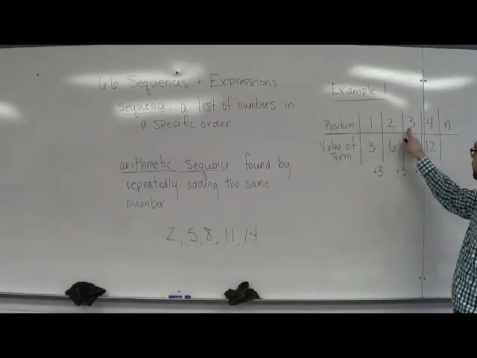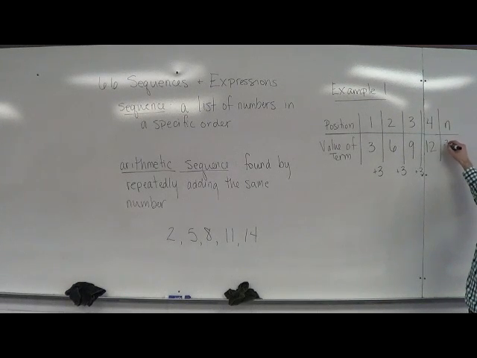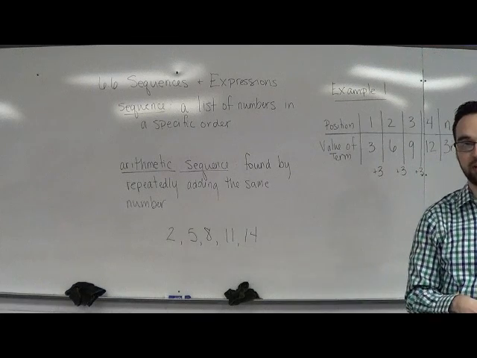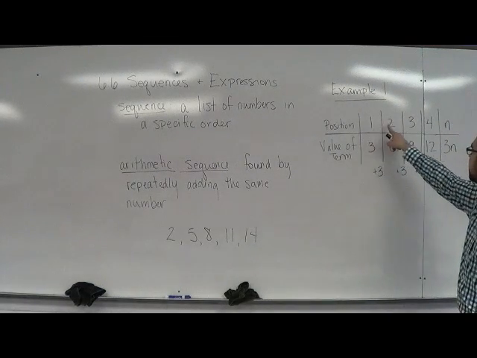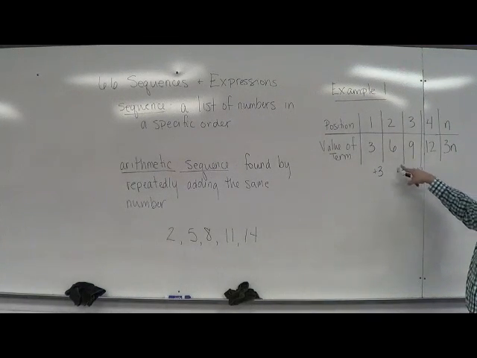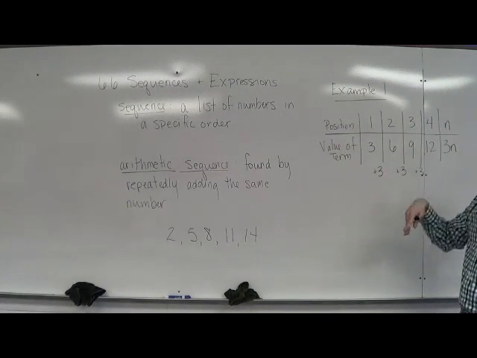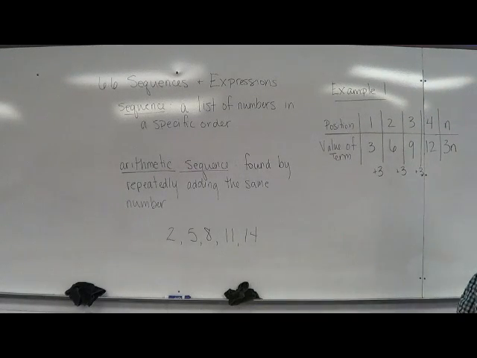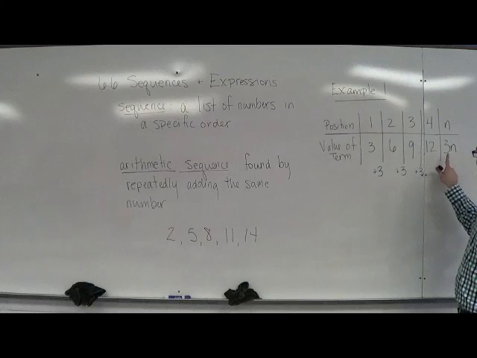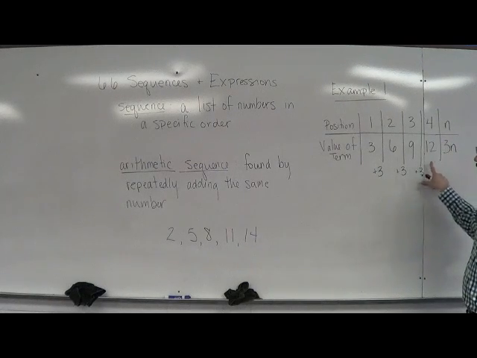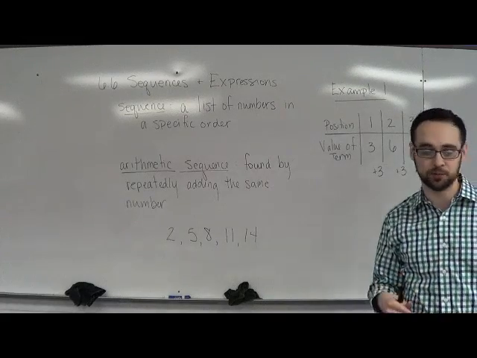I'm taking the position and I'm multiplying it by 3. So 3 times n is our function, because you're just taking whatever number this is and you're multiplying it by 3. 2 times 3 is 6, 3 times 3 is 9, 4 times 3 is 12. You can see how that works every single time. So really what you want to notice is, whatever number you're adding repeatedly, that's the number you're going to multiply by. If you're repeatedly adding 3, you're going to multiply by 3. If you're repeatedly adding 10, you're going to multiply by 10.